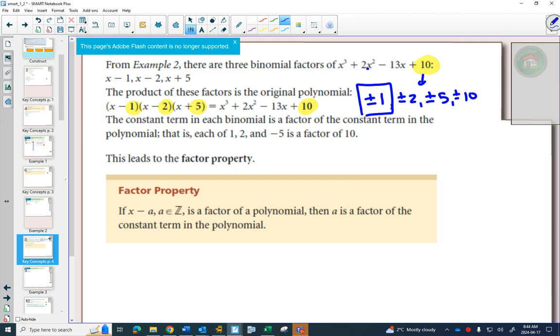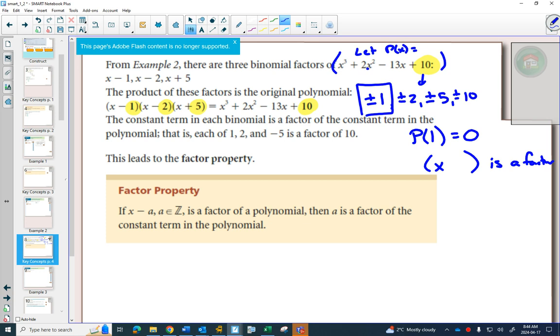So if I said let p of x equal this, and I find out that p of 1 equals 0, this means x, is it plus 1 or minus 1, is a factor.